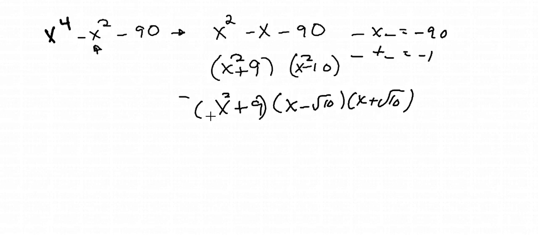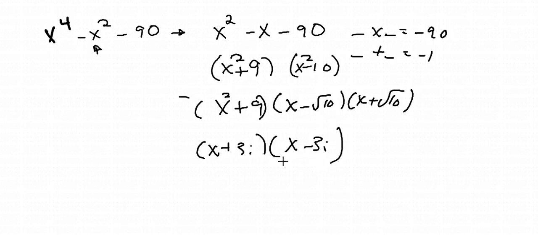Now that's completely factored. Why can't you do that for x squared plus 9? Because it's plus. So you would get x plus 3i and x minus 3i. They can become imaginaries.